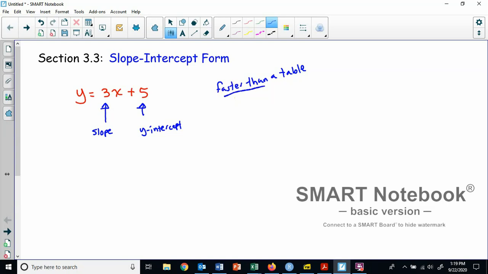Now we need to start bringing back some of those words we talked about last time when talking about what slope was. Let's remember that slope was a rate of change, how things were changing, and that was rise over run. This is the change in the y direction and the change in the x direction.